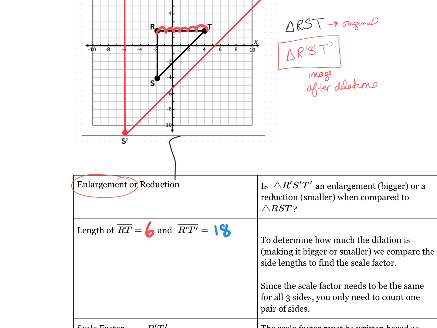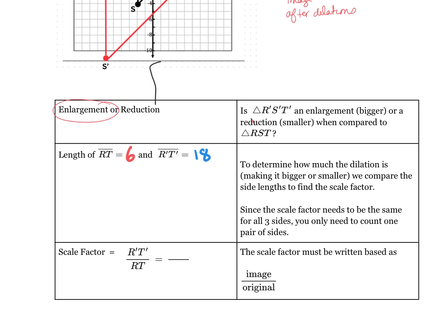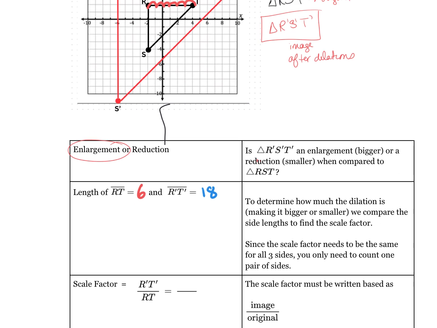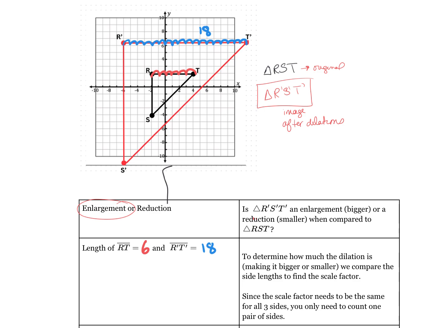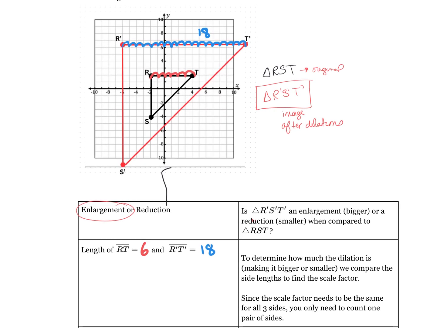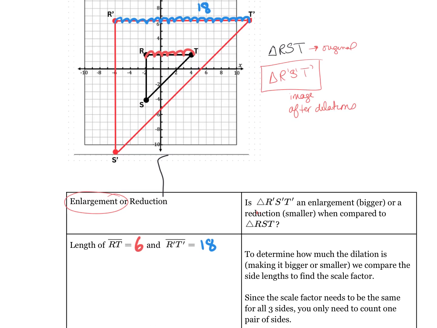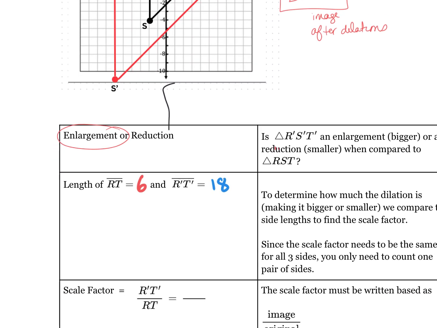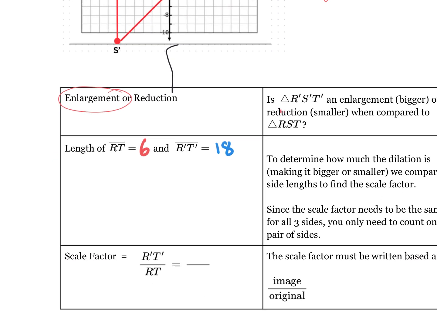Since the scale factor needs to be the same for all three sides to do a true dilation, we only need to count one set of side lengths. I could have counted RS and compared it to R prime S prime, which I could do to show you that it's the same, but you only have to choose one pair.